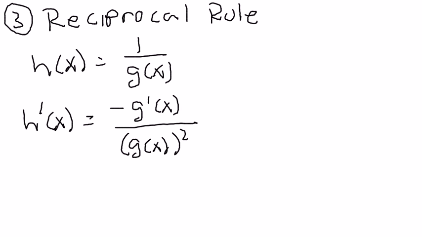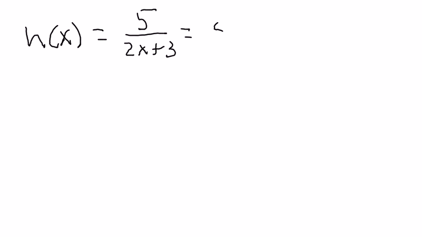That 1 on top can be any constant, because remember, you can pull the constants out front. So let's say this time that I have h of x equals 5 over 2x plus 3. Really what that says is 5 times 1 over 2x plus 3. And remember, with our derivatives, we can pull that 5, that constant, out front. So I'm really just taking the derivative of what's in parentheses right here.